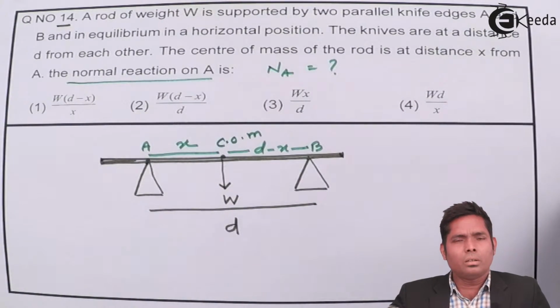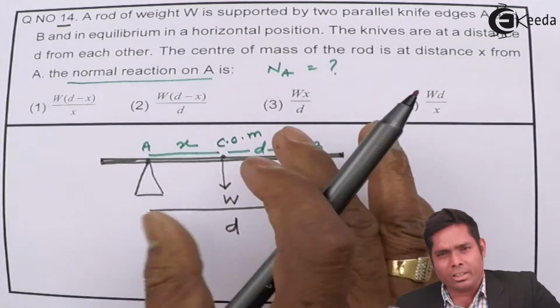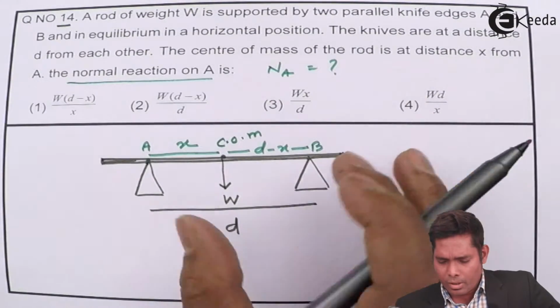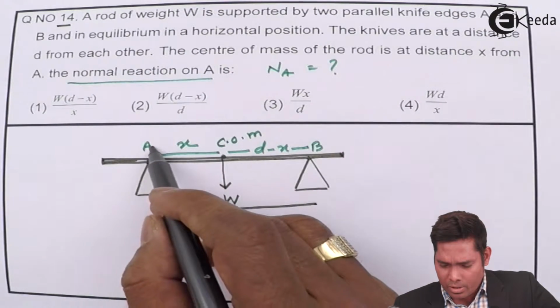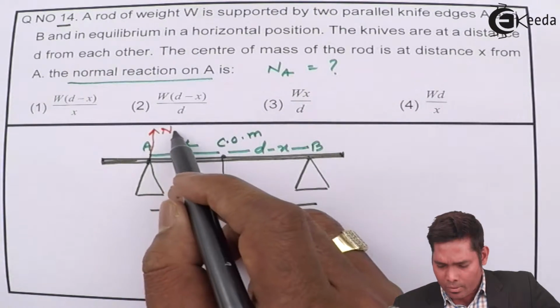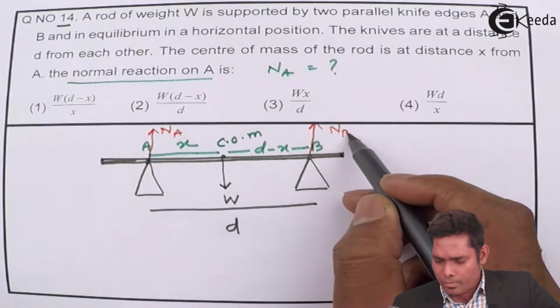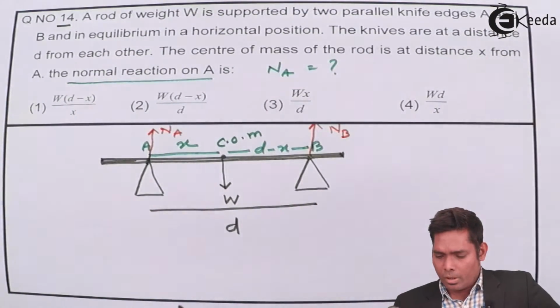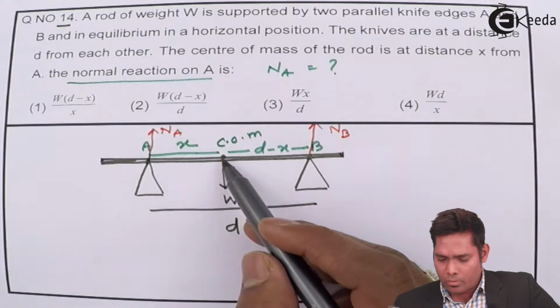First of all, let us draw the free body diagram of all the forces acting on the system. This knife edge is supporting the rod, so the normal reaction will act in this direction, that is NA. Here also there is a normal reaction, that is NB.